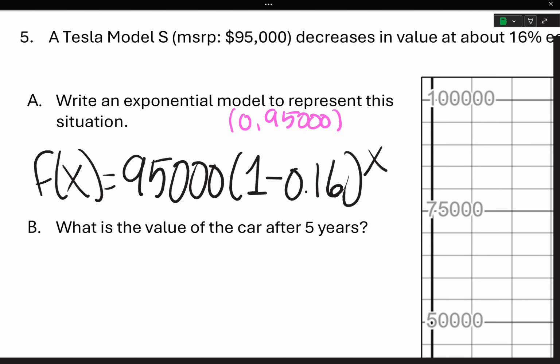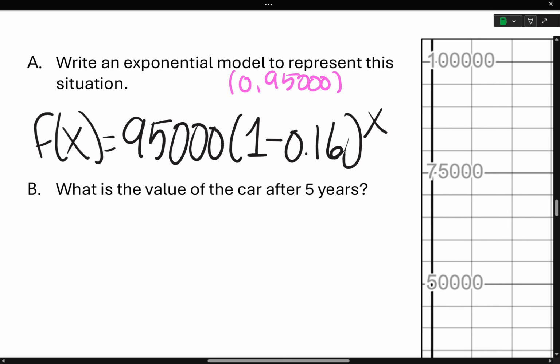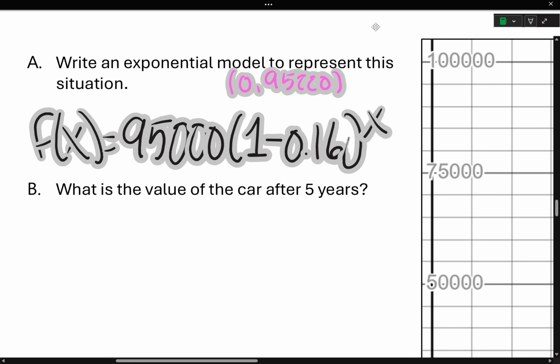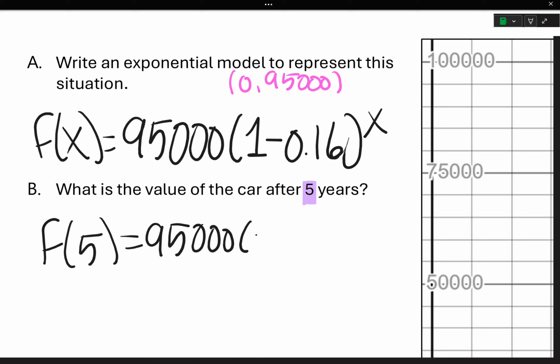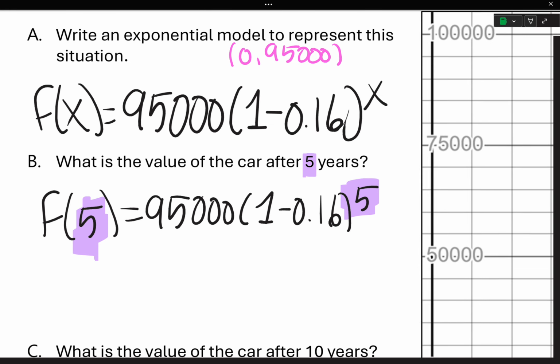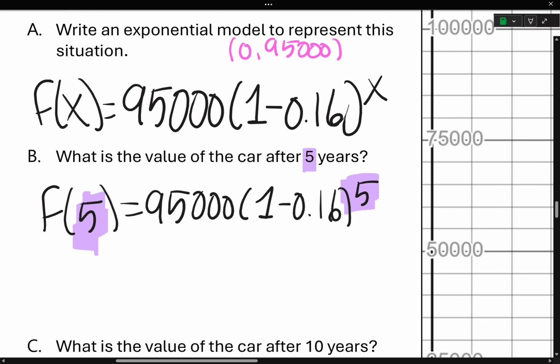Okay, next, what we have to do is find out how much the car costs after 5 years by plugging 5 into our function. Now, I'm hoping that you are practicing this on your own as you watch this, but here's my answer.